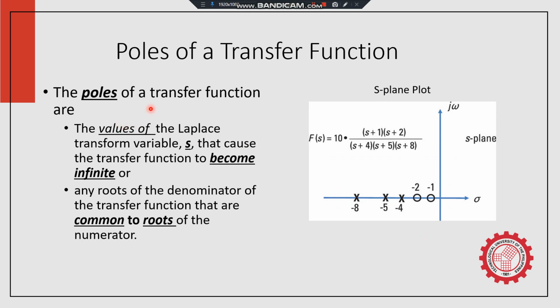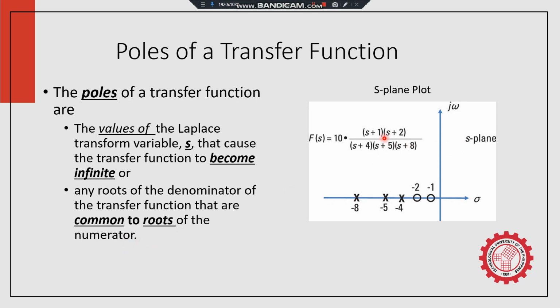So poles of a transfer function are the values of the Laplace transform variable, which is s, the value of s from this transfer function that cause the transfer function to become infinite, or any roots of the denominator of the transfer function that are common to roots of the numerator.